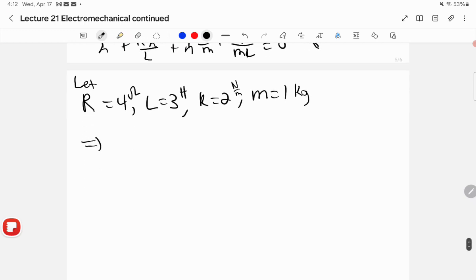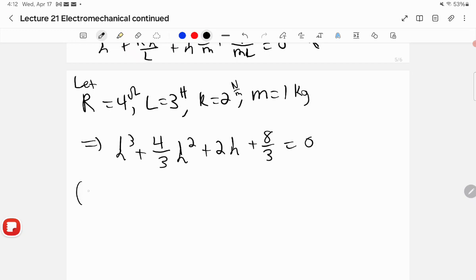So there's my units. What I'll get is lambda cubed plus 4/3 lambda squared plus 2 lambda plus 8/3 equal to 0.